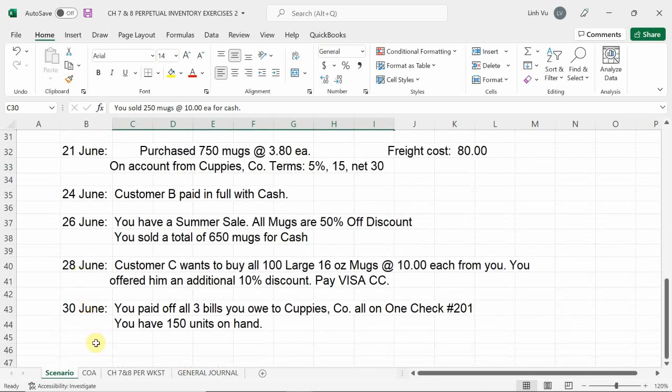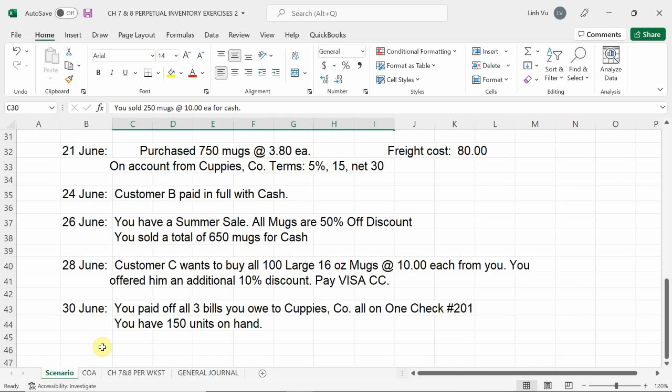All right. On the 28th, customer C wants to buy all 100 large 16-ounce mugs at $10 each from you. And you kindly offered him an additional 10% discount. And he paid with a Visa credit card.